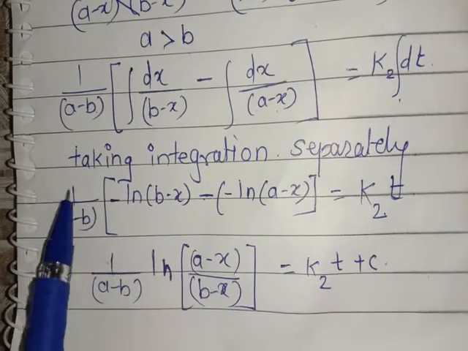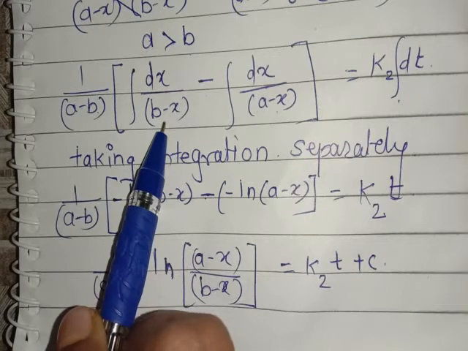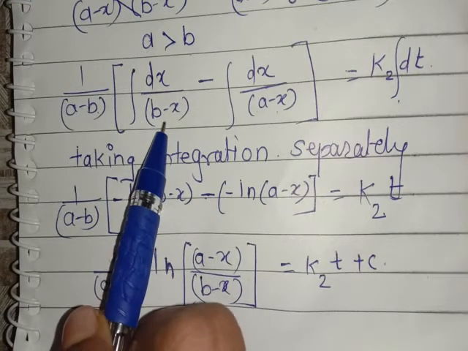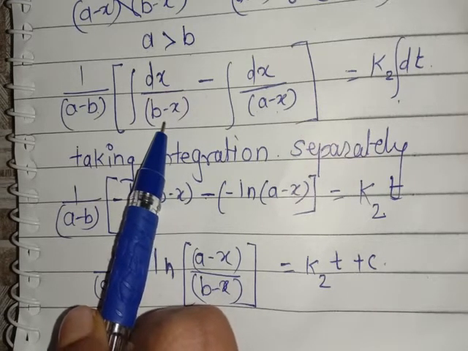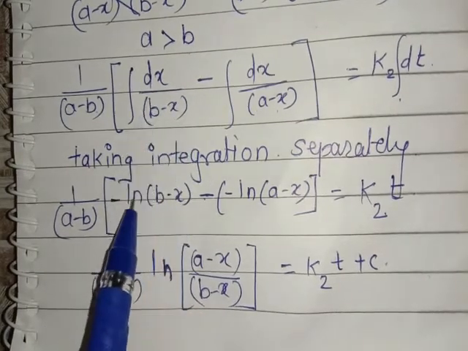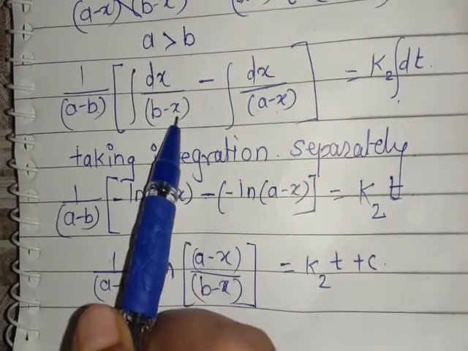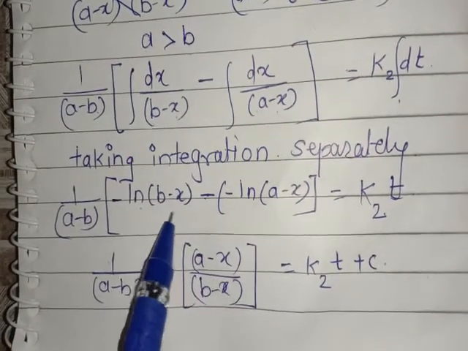Then taking the integration separately, we have 1 upon a minus b. Integration of 1 upon x is ln of x. So integration of 1 upon b minus x is ln of b minus x.